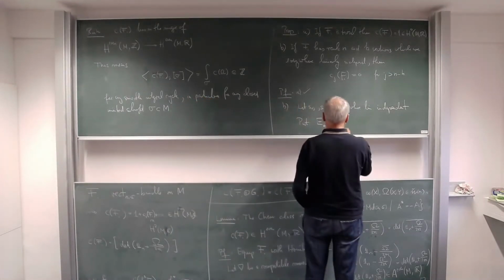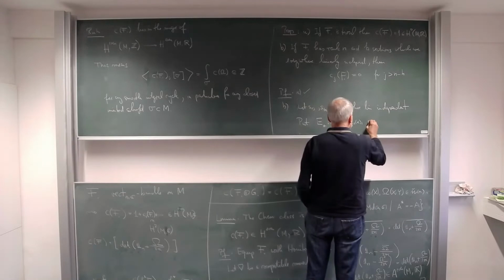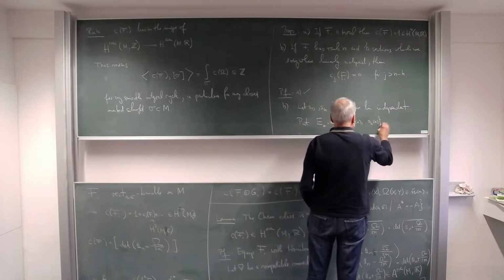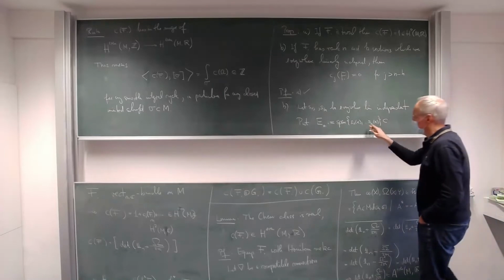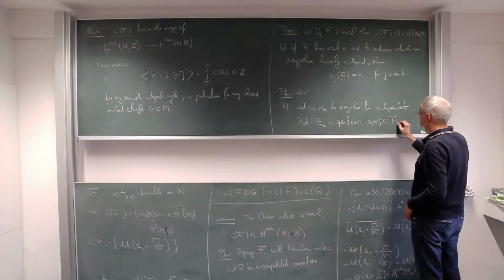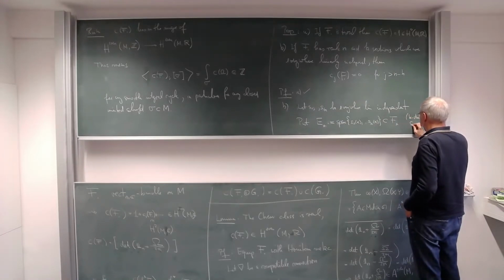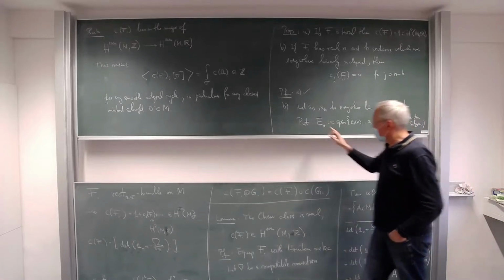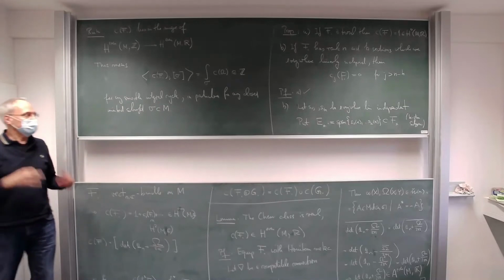So that is the span of s_1 evaluated at x all the way up to s_k evaluated at x. That gives us, because of linear independence, a k-dimensional subspace of F_x for each x. So this way we get a new vector bundle, E, which is sitting inside my given vector bundle.